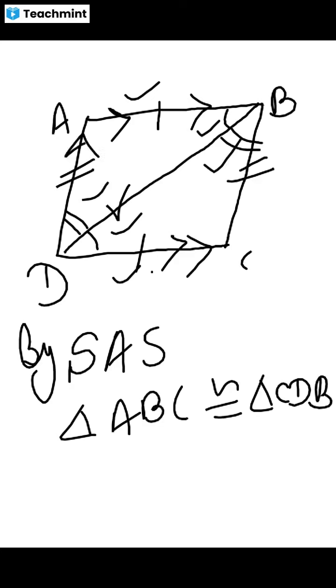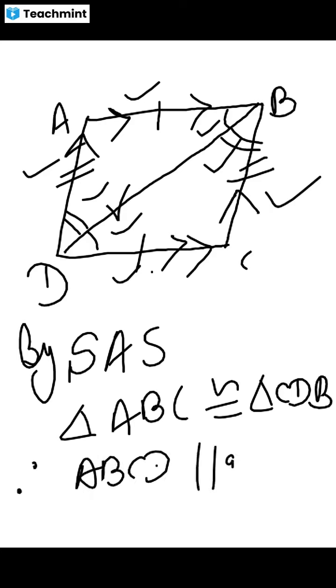It means if alternate interior angles are equal, then opposite sides are parallel. So this became parallel to this one. Parallel also, equal also. So from both the sides it became parallel and equal. That's why ABCD is a parallelogram. Okay, ABCD parallelogram. Got it? Yes, ma'am.